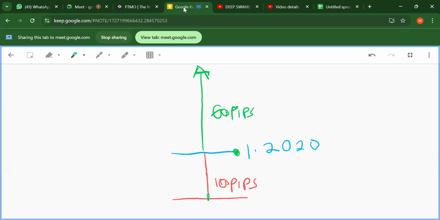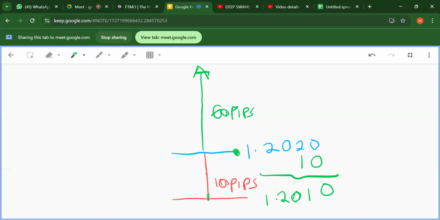If I've said the market will go up from 1.2020, and the market goes against me, you subtract that 10 pips from this point. So if it goes down to 1.2010, that will be 10 pips.